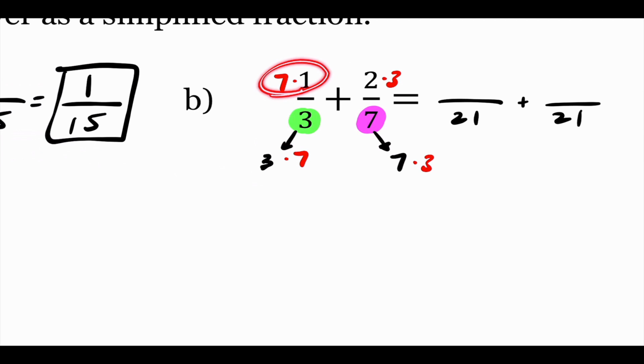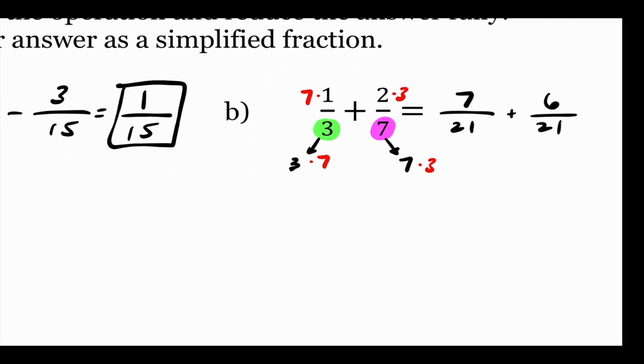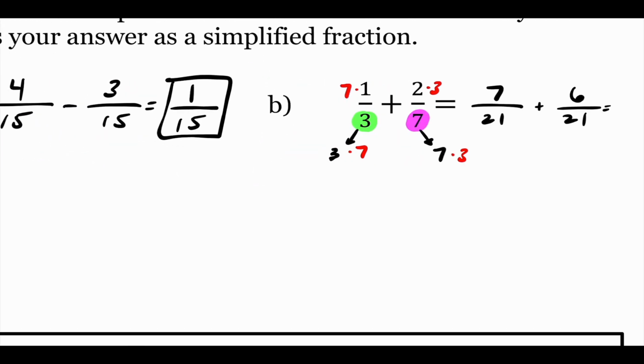So then the top becomes 7 for this guy, and over here it becomes 6. Add the tops: 13 over 21. Again, 13 over 21 can't be reduced, so you're done. Okay?